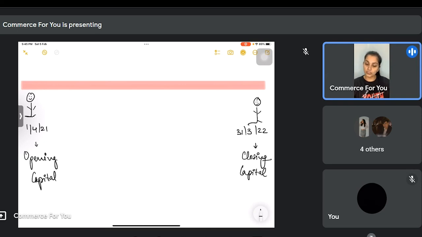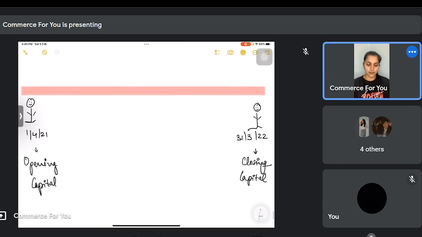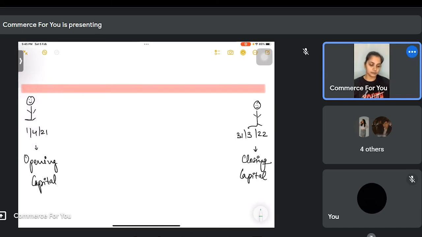Now let's say what all changes takes place during the year. You please have to tell me. If he has introduced additional capital, will that be addition or subtraction from opening? Addition to opening capital. So you are going to add additional capital. Joshua, what if there is some drawings during the year?